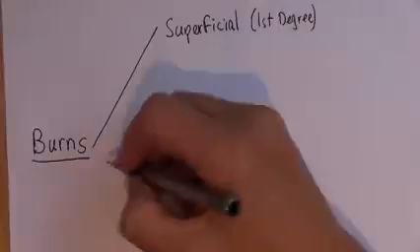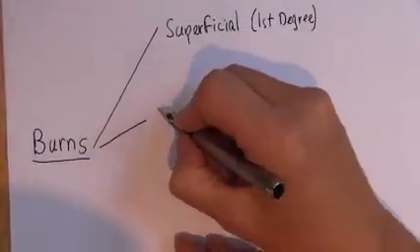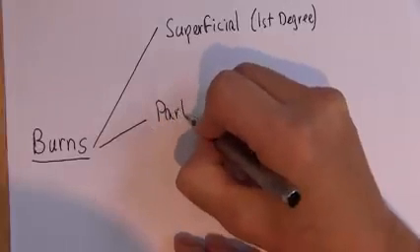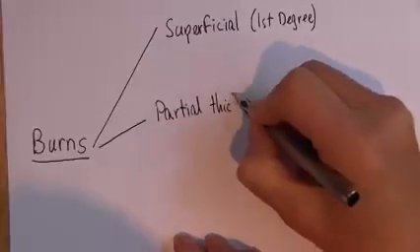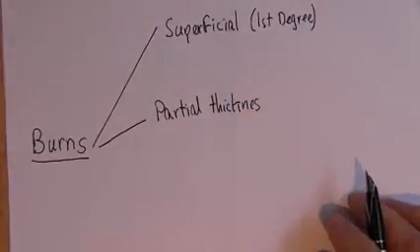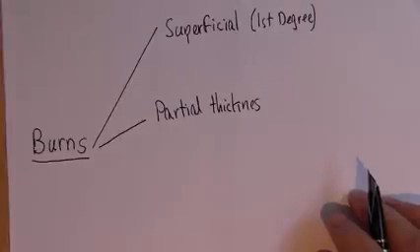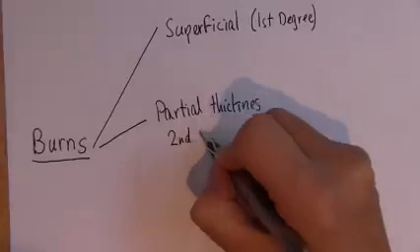But if they're a bit deeper, then we get what we call partial thickness burns. And these are affecting part of the thickness of the skin. And these are sometimes called second-degree burns.